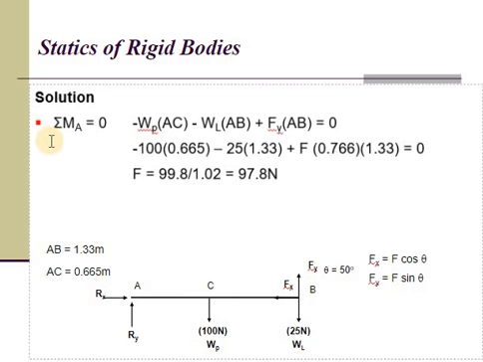So putting it in the equation, remember that at point A at the hinge, we don't want to have any rotation. So sigma moment at A equals 0. We said that the weight of the pole is clockwise, so we set it as a negative sign, and multiplied by the distance to A, which is AC.